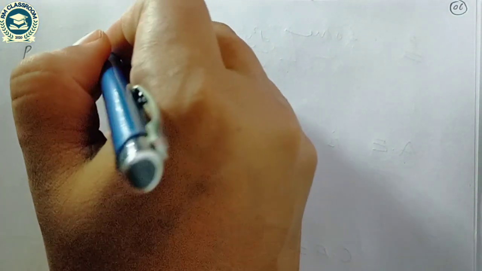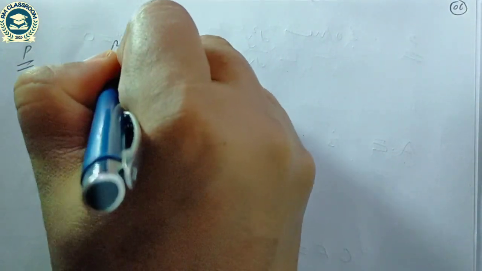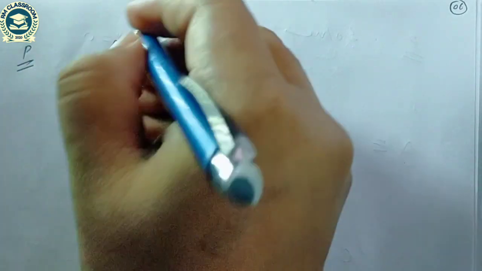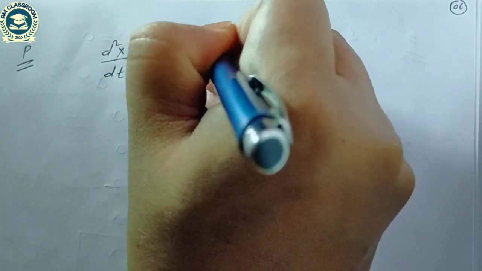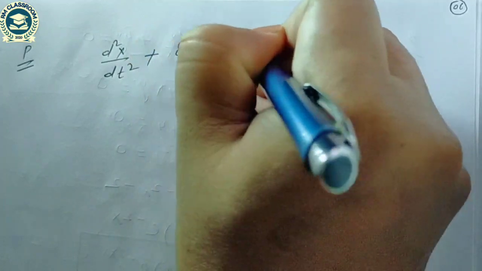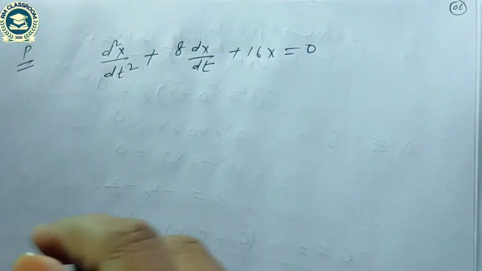If I take another problem, the next problem is d2x by dt square plus 8 dx by dt plus 16x is equal to 0.